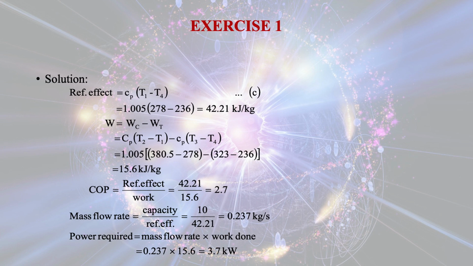For this case it is equal to 0.237, because we know the capacity given for this problem, that is 10 kilowatt, and the refrigerating effect that we have already calculated. The power required is mass flow rate multiplied by the work done. For this case, power required is equal to 3.7 kilowatt.